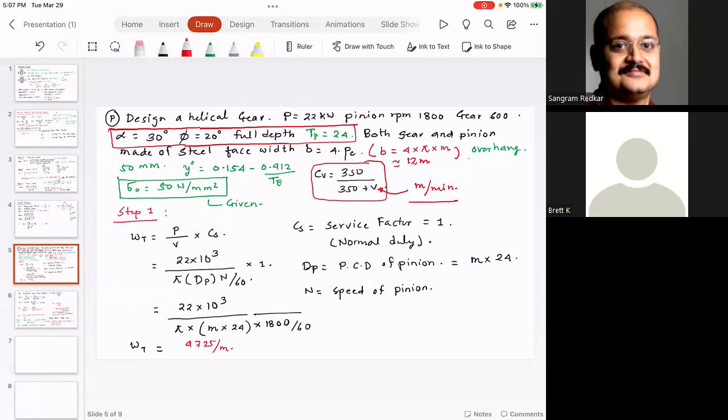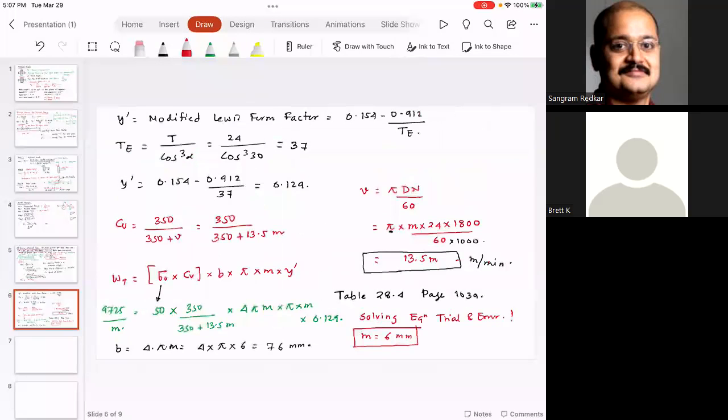Please note there are some values directly given to us: sigma naught, which is 50 newtons per millimeter square, and CV, 350 divided by 350 plus V. But here V is not in meters per second, it is in meters per minute. That's why it is 13.5.